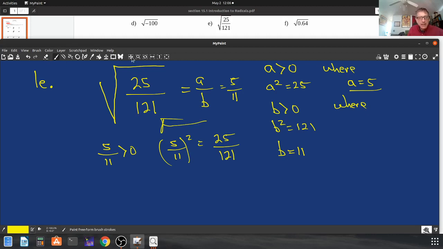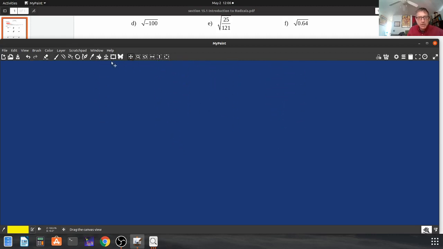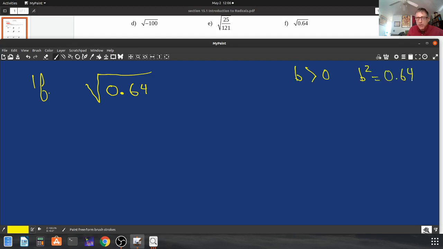Now, here is a next one that you don't like, but let's just go back and review our decimal multiplication. We want to find the square root of 0.64. So that's going to be some number b greater than 0, where b squared is equal to 0.64.